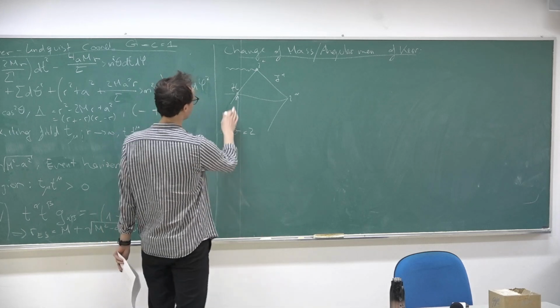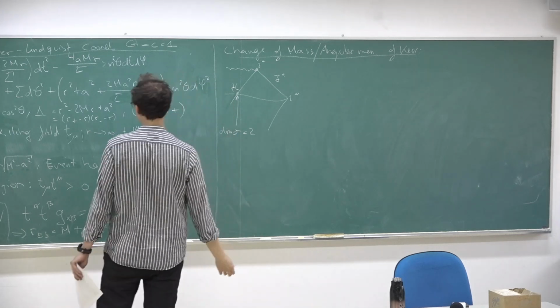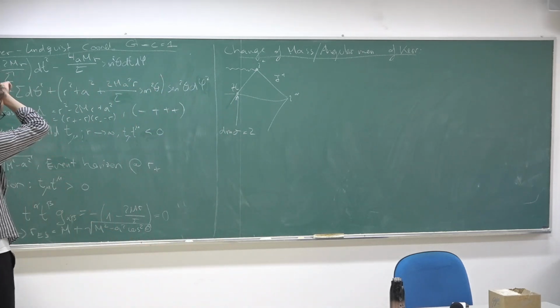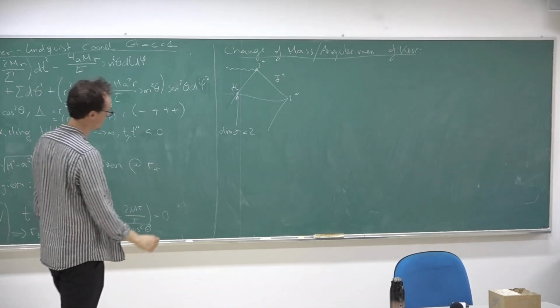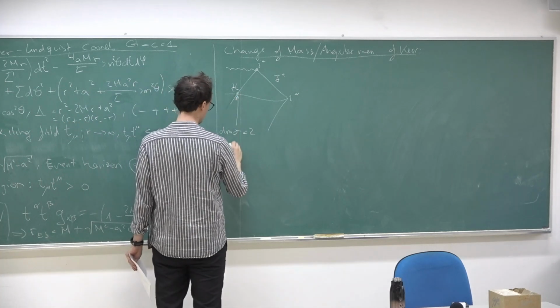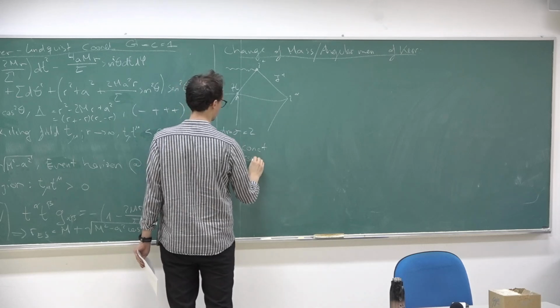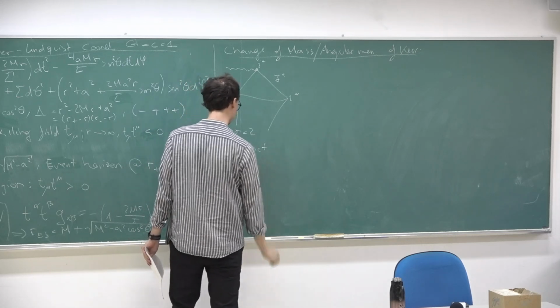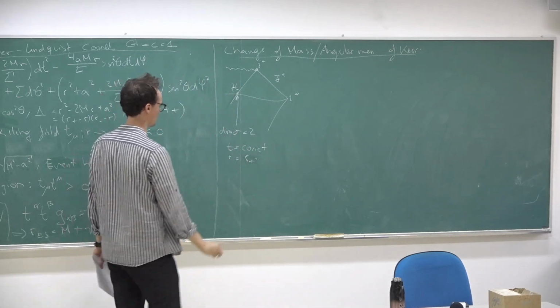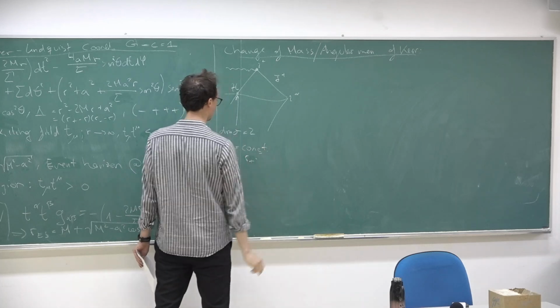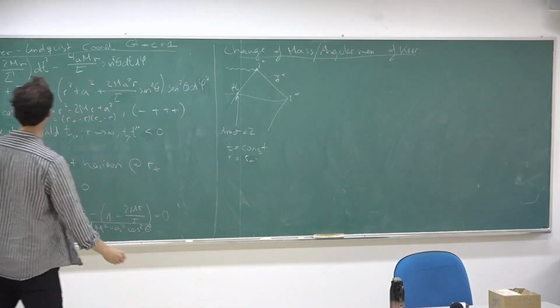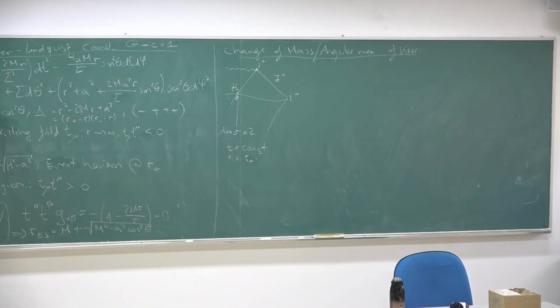Okay, so how do we find the area of the horizon? Well, it's actually quite simple, because in Boyer-Lindquist coordinates, the horizon, or this intersection, just sits at t equals constant and r equals constant. So we can compute the area just by looking at the metric.